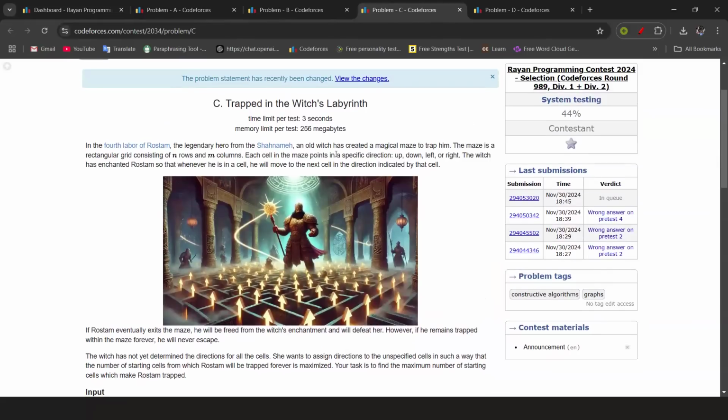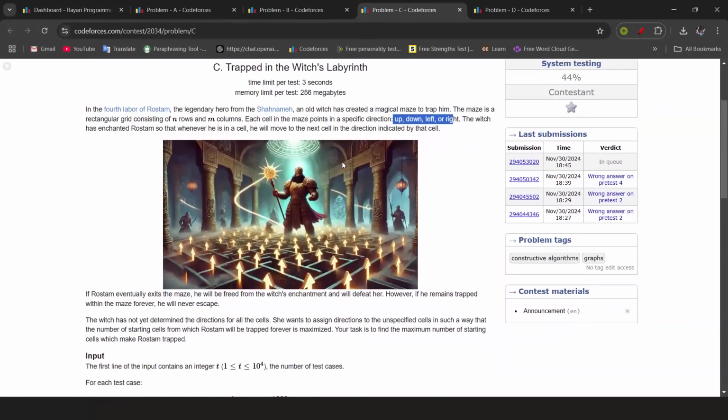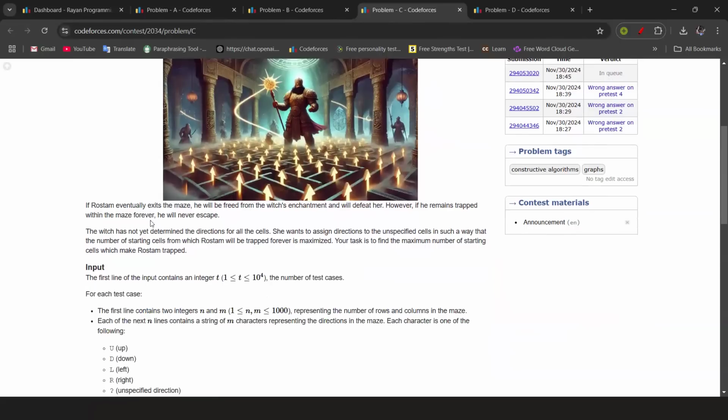Each cell in the maze points in a specific direction: up, down, left, or right. The witch has enchanted Rostam so that whenever he is in a cell, he will move to the next cell in the direction indicated by the cell. If Rostam eventually exits the maze, he will be free from the witch. However, if he remains trapped, he will never escape.